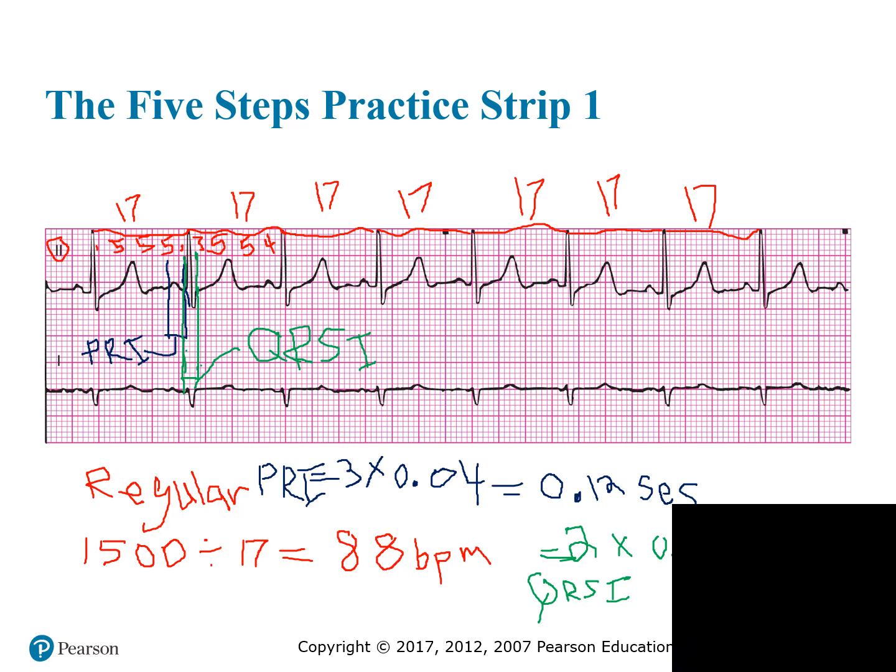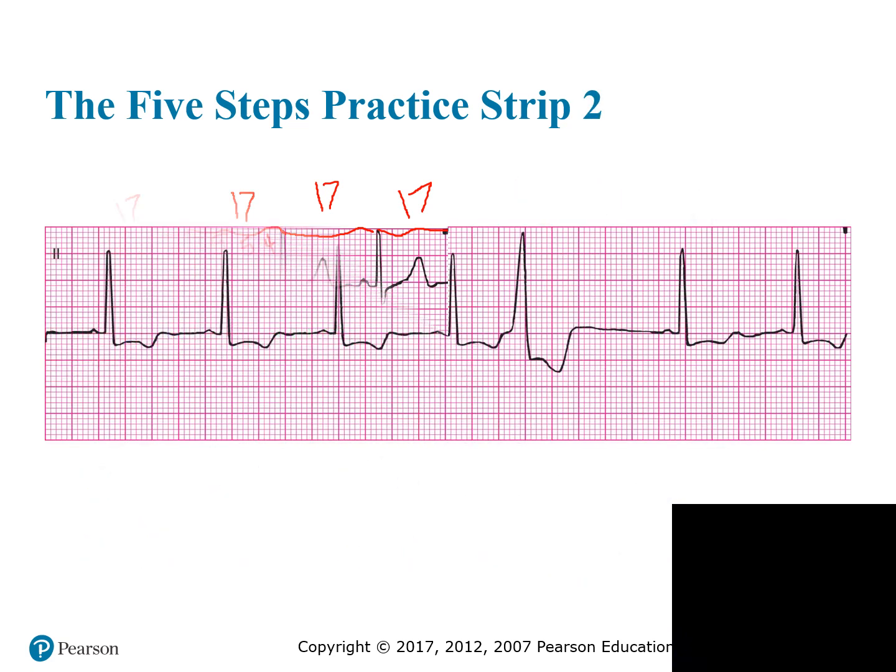All right. Let's do one more example. We're going to go here. Let's go back to our red pen. So we're going to ask ourselves the same question. Are there any QRSs? Yes.